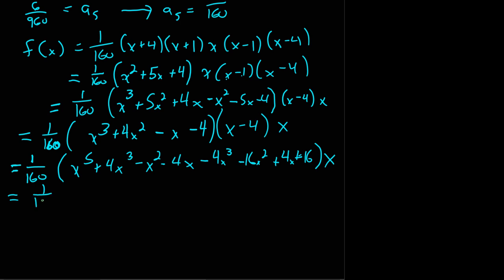Going to collect like terms. So I only have one x to, whoops, this should have been x to the 4th. Right, x times x cubed is x to the 4th. My bad. So x to the 4th, I have a 4x cubed and a negative 4x cubed. So that goes away. Those two terms cancel each other out.